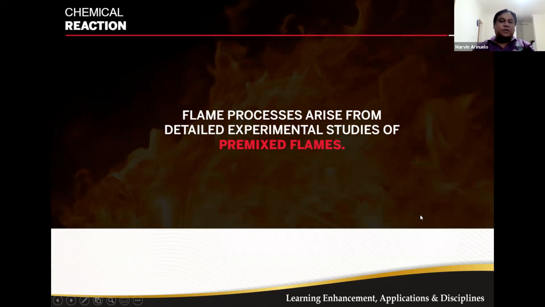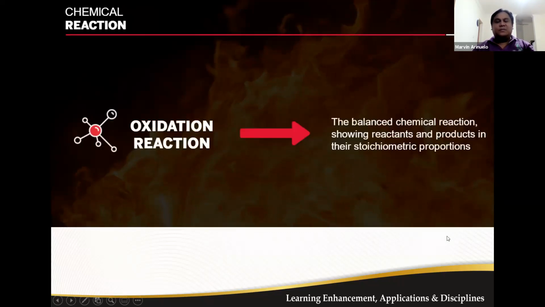The conversion takes place by a series of elementary reactions. Elementary meaning they cannot be split into simpler chemical steps. And this involves the reaction of free radicals, which are highly reactive molecular fragments produced during the reaction sequence.